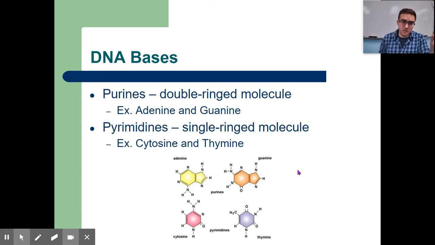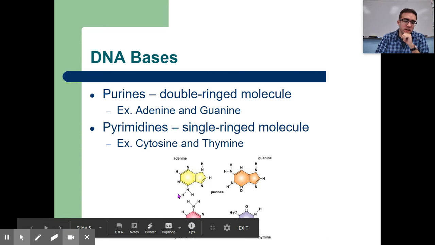A little bit more about the bases. This is something we haven't talked about yet, and that's the purines and the pyrimidines. Adenine and guanine are considered to be purines, which means their nitrogen bases have two rings. If you look here, here's adenine and here's guanine.